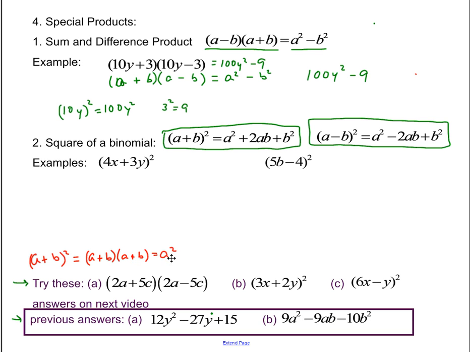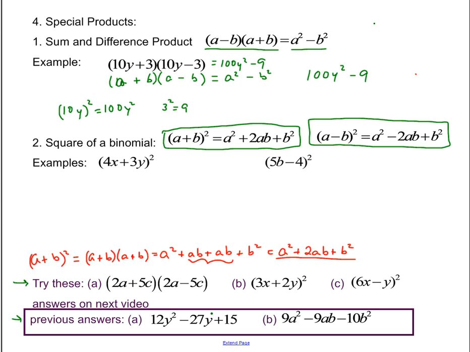A times b is plus ab. And then we do it again. B times a is ab, right? Doesn't matter which order we multiply those two in. B times b would be b squared. And so we end up with that formula, a squared plus ab plus ab is 2ab, plus b squared.